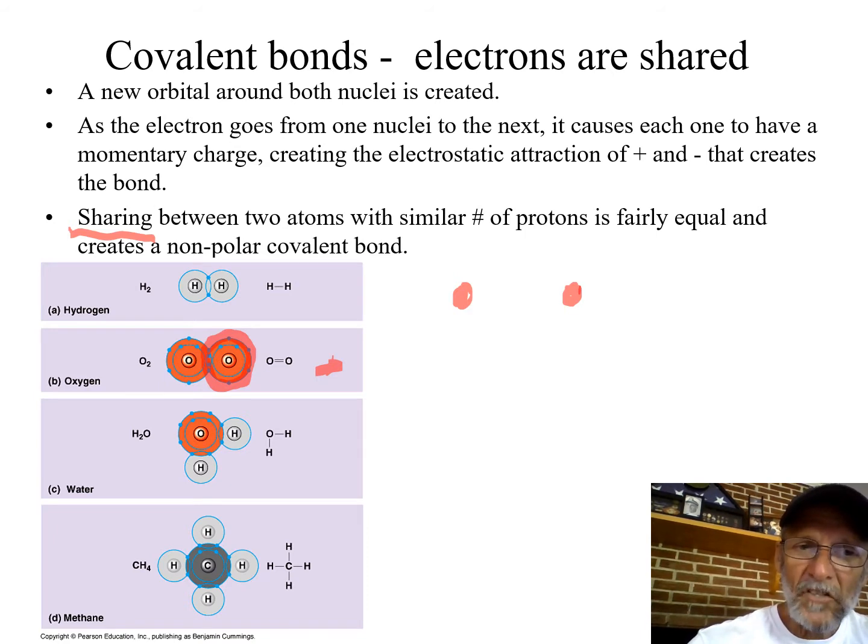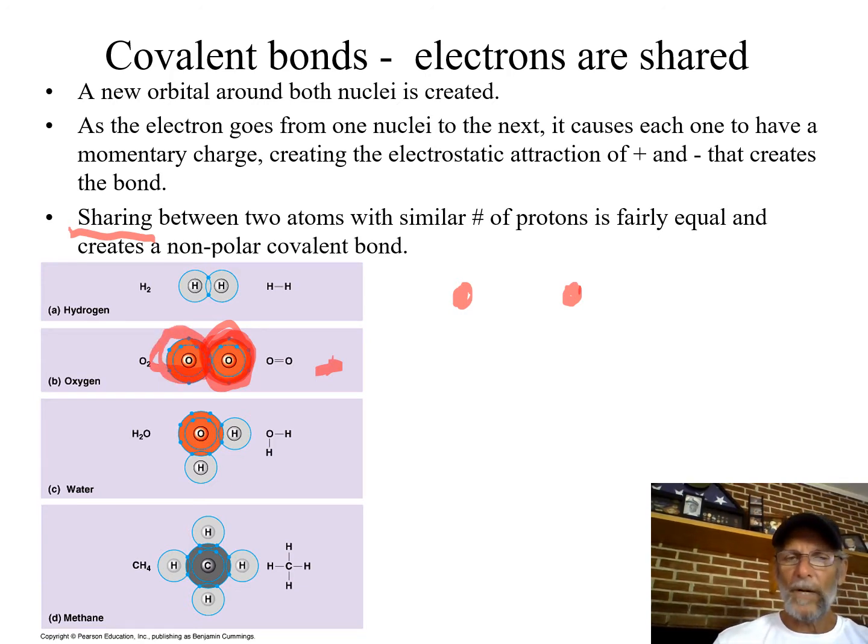And so if this oxygen is willing to share, and willing again is not a word we ought to use, is willing to share 2 with this one, that's only if that one will share 2 with this one. So at some point in time, those electrons that are being shared are around one nucleus, sometimes they're around the other, but this causes them to bond.